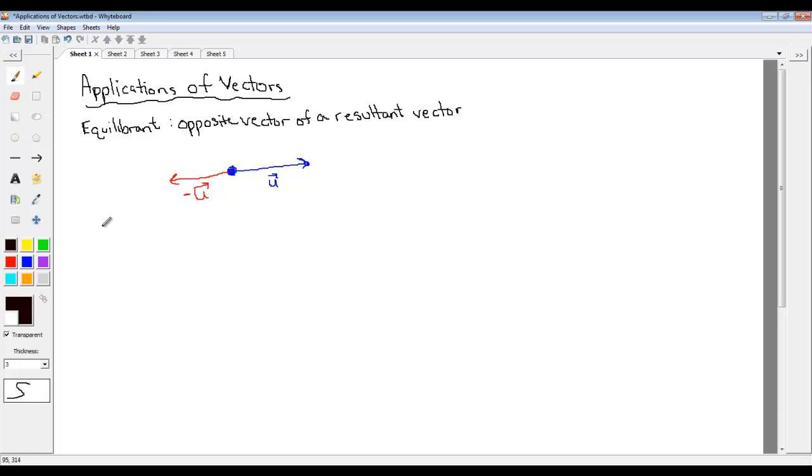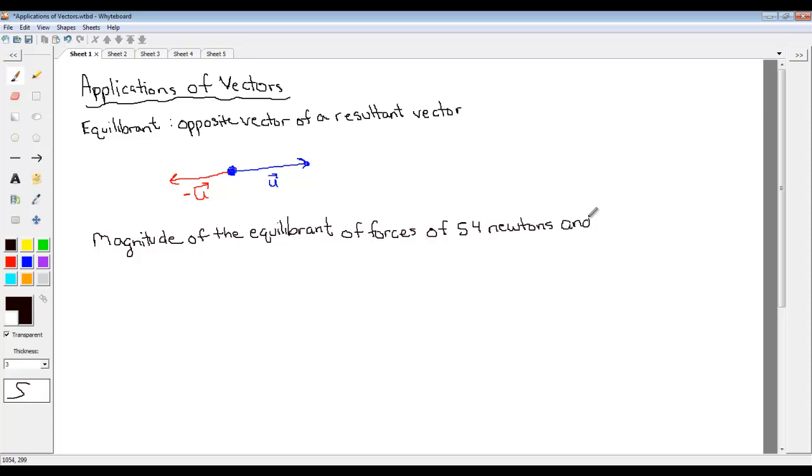Okay. This first word problem says, find the magnitude of the equilibrant of forces of 54 newtons and 42 newtons acting on a point A. It helps to know that the angle between the forces is 98 degrees.